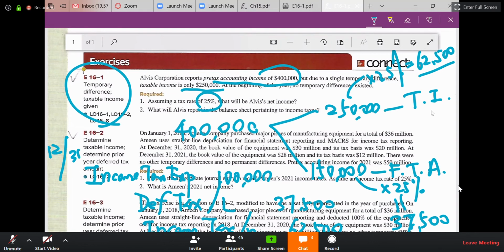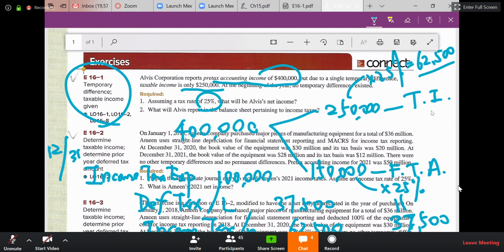Everything is okay? Any questions so far? Can you repeat question 2, please? Question 2 asks what the company will report in the balance sheet. There are two liabilities reported in the balance sheet.